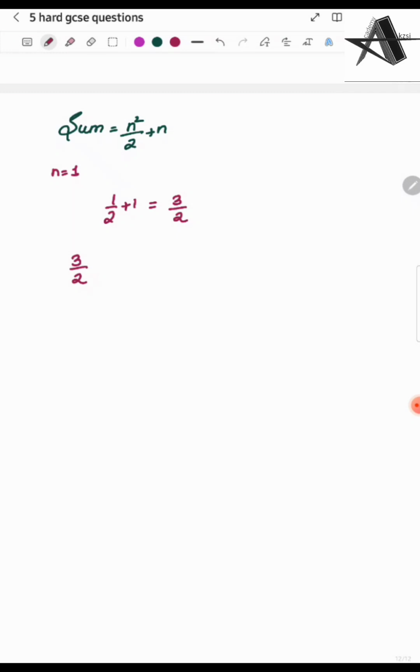Then I'll put n equals 2. When I put n equals 2, this will give me 2 plus 2, that is 4. So the sum of the first two terms, 3 by 2 plus the next term, is equal to 4, which we have calculated.